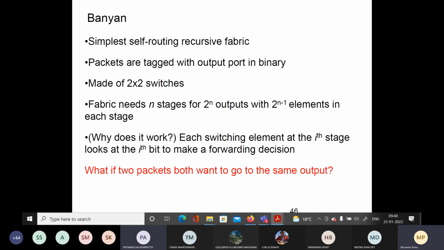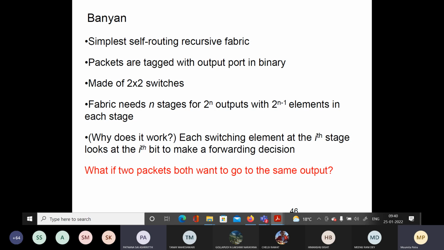Okay, so Banyan switch is said to be the simplest self-routing recursive fabric. Okay, so how does it work? Of course, if you need it to be self-routing, then you need to give the address every time. How will you give the address? Of course, your packet has to be tagged with it, but every time reading the IP address would be pretty difficult.